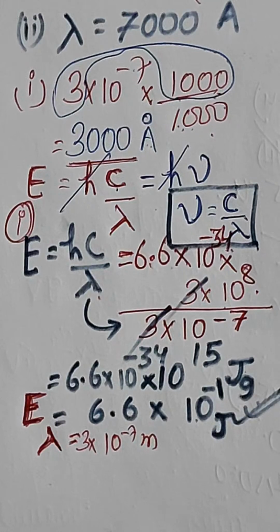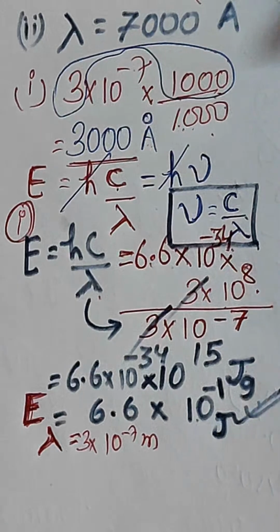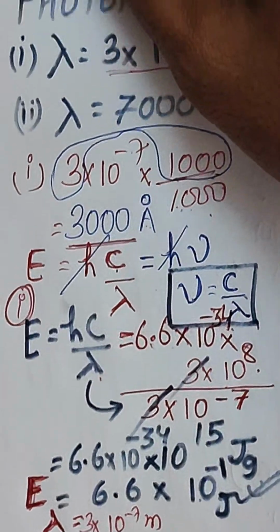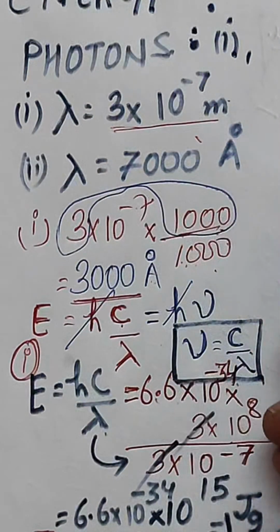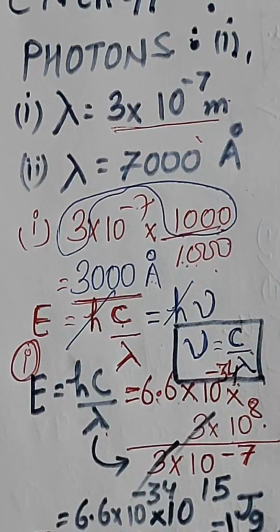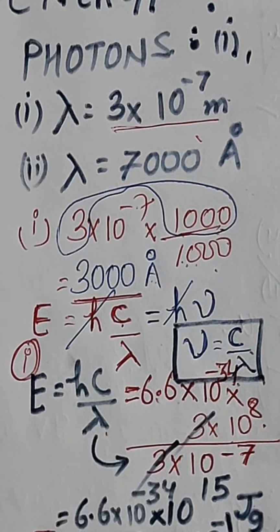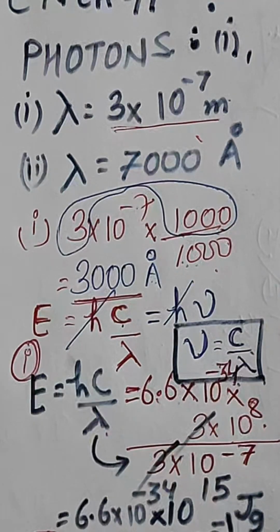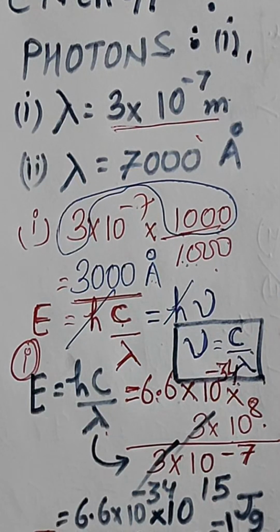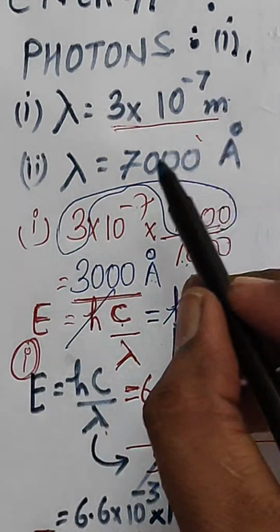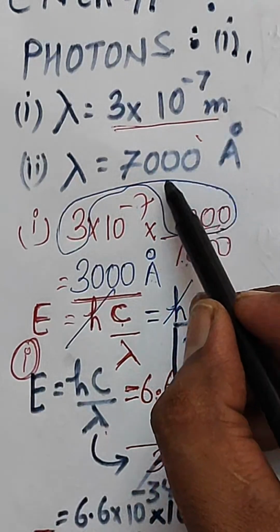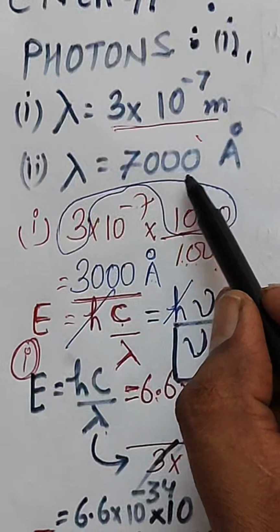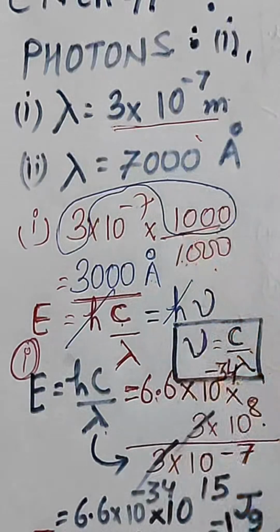Now considering the second question, the second question was for lambda equal to 7000 angstrom. So for 7000 angstrom, this electromagnetic wave is in the deep red region, near infrared.